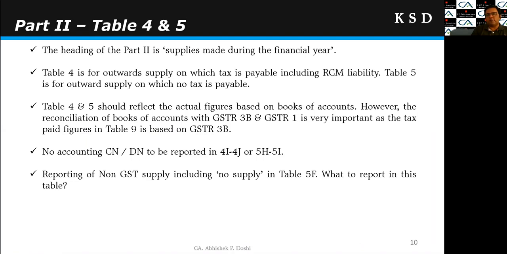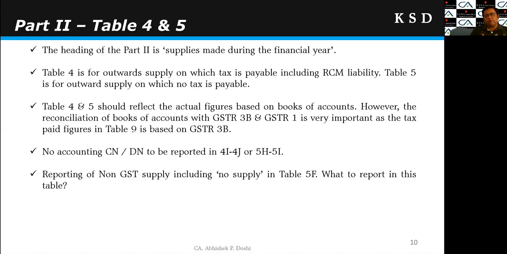Say, for example, exempt supply, export without tax, etc. The heading of part 2 is supplies made during the financial year. So what it reflects is you need to report entire supplies made during the financial year in table 4 and table 5.